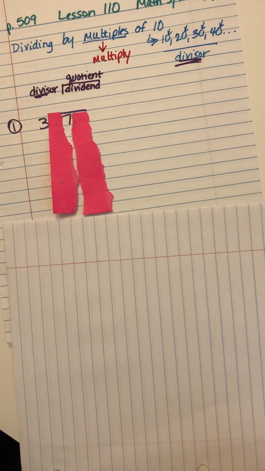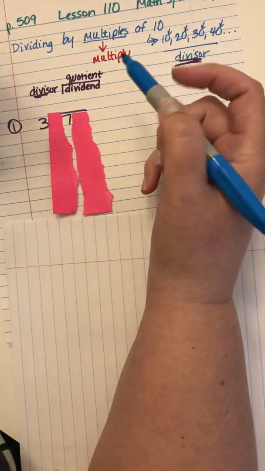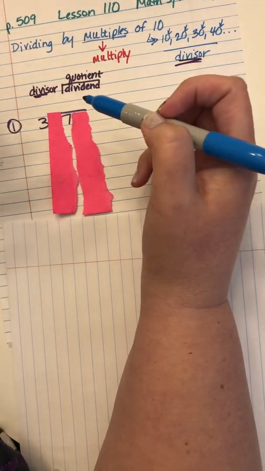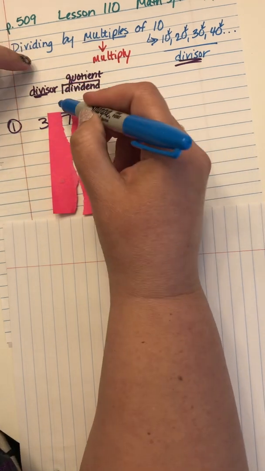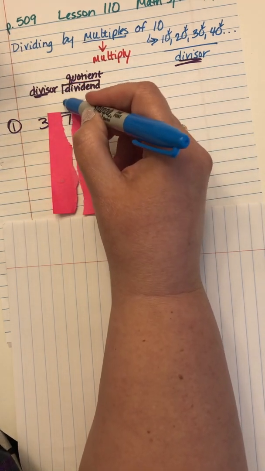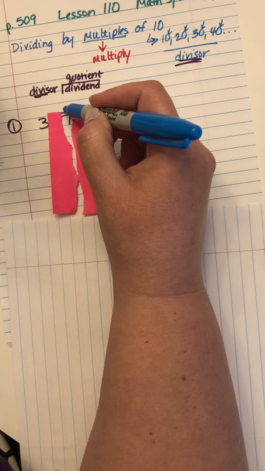So now I have something that I can work with, 7 divided by 3. I can do that. That's easy. I know that 7 divided by 3, the closest I can get without going over 7 is 2. Now, pay attention to this because the 2 does not go over your 7.